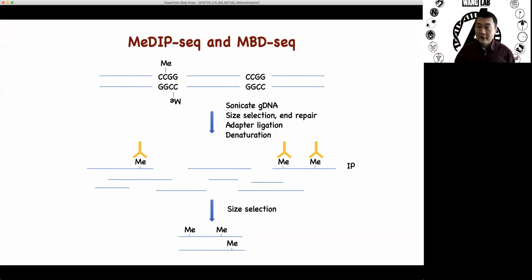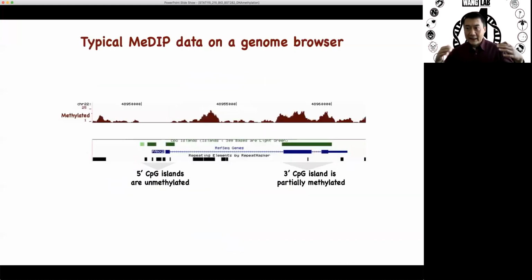The representative technologies are MeDIP-seq, which uses an antibody, and MBD-seq, which uses a methyl-binding protein, and then pulls that binding protein down to enrich for methylated regions. If you get that data and put it on a genome browser, it looks just like typical ChIP-seq data, right? So this represents methylated regions.